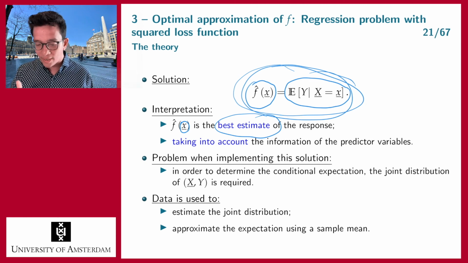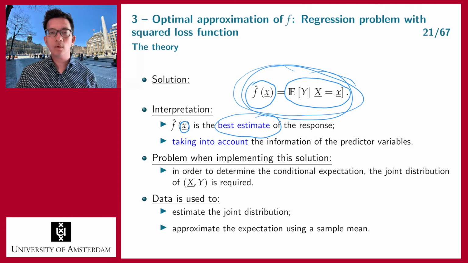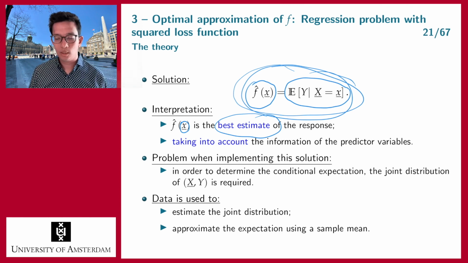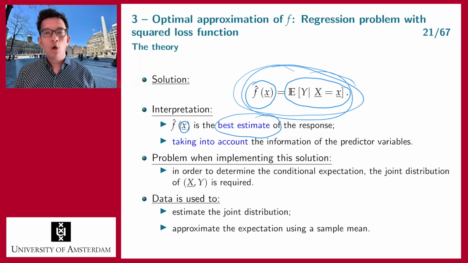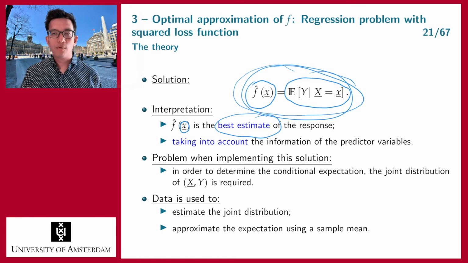So although I have the mathematical expression for the f hat, I still cannot calculate it in a real life example, and that's where you need your statistical learning algorithms. Statistical learning algorithms will help you to first approximate that conditional distribution and then find the expectation of y given x.